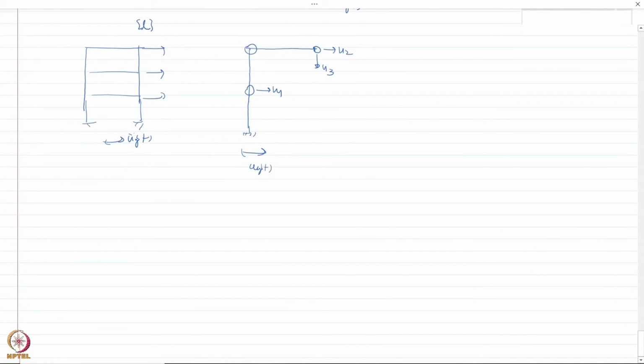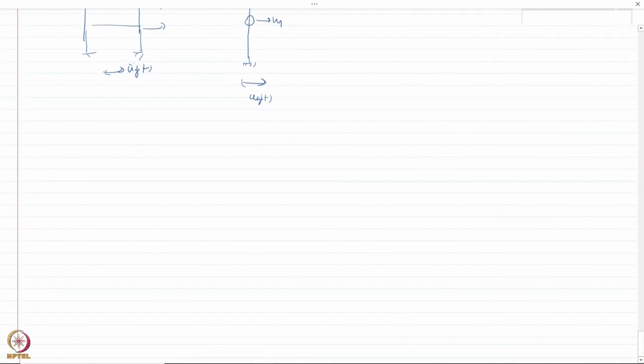To get the influence vector, let me first write down my total displacement for any jth degree of freedom, uj(t), as the relative displacement plus the ground displacement.